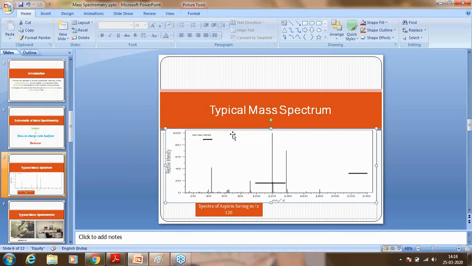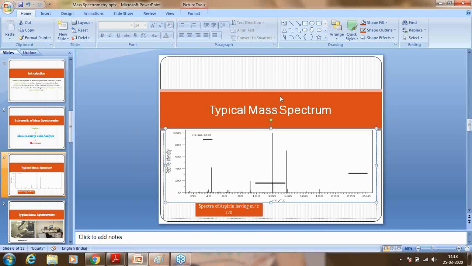This long sharp peak indicates the relative abundance of the molecule in the sample.